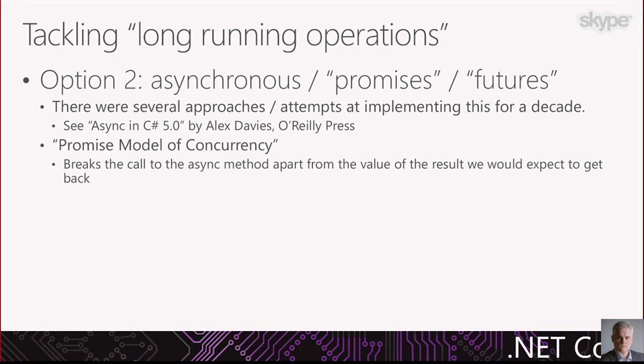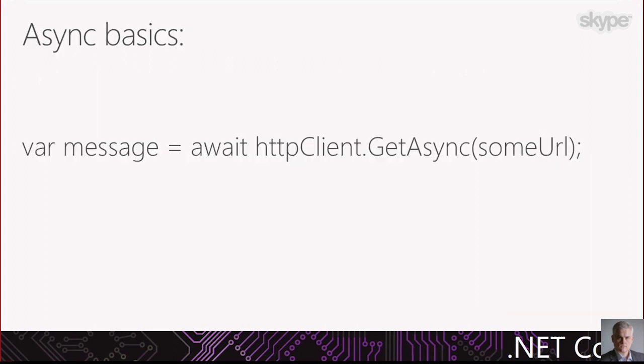The promise model makes a distinction between making a call into the async method and what you get back from it, the value of the result we would expect to get back. Maybe looking at a line of code might help. Basically, it splits this into two parts.